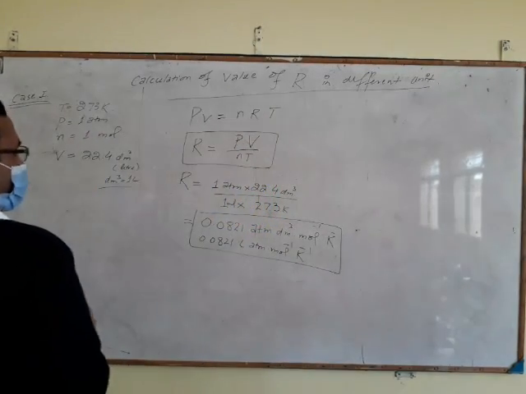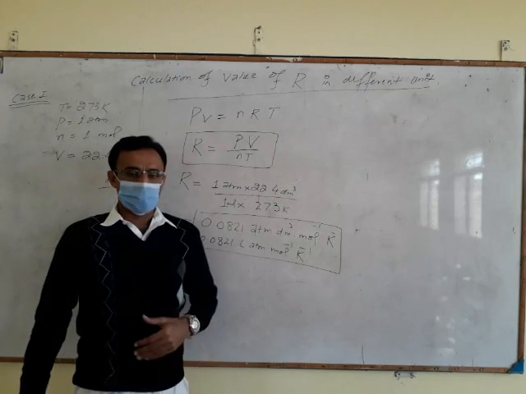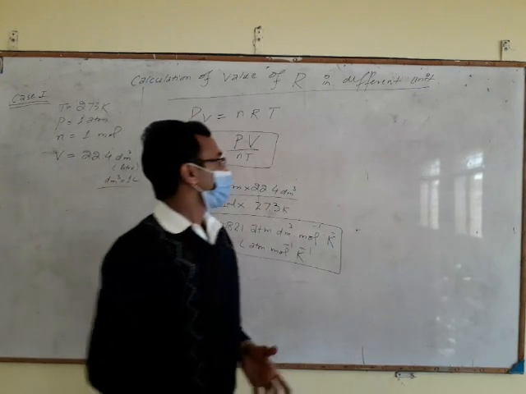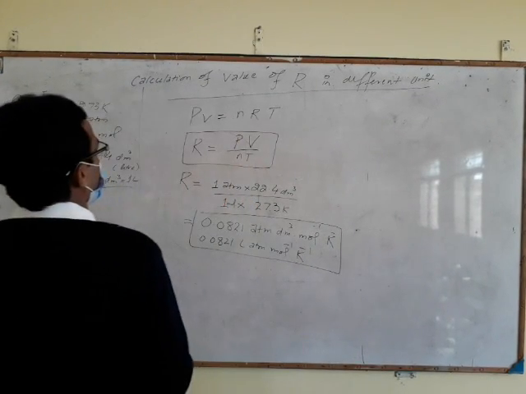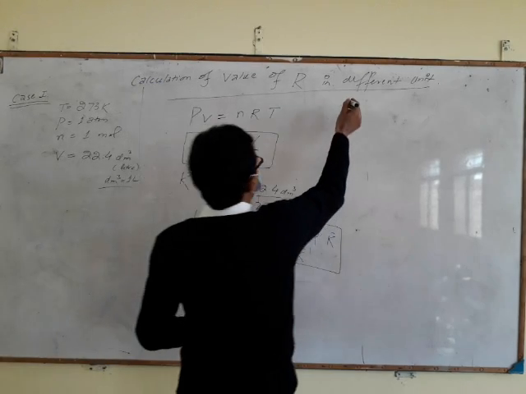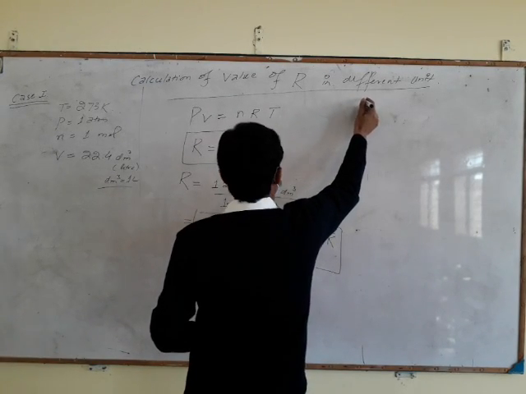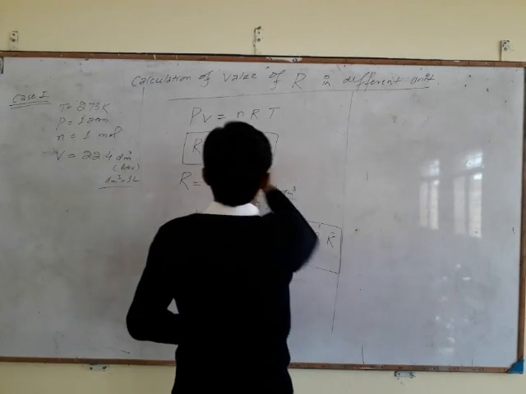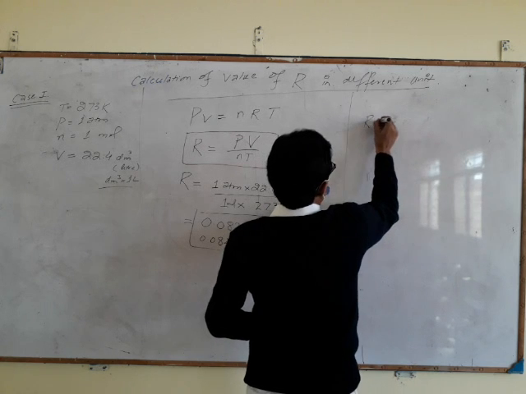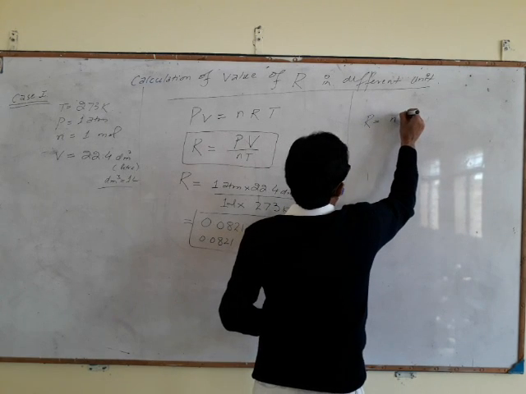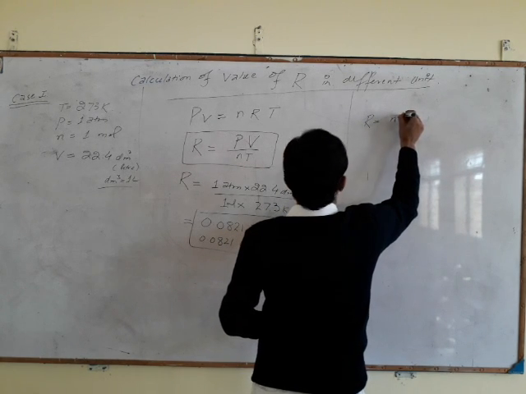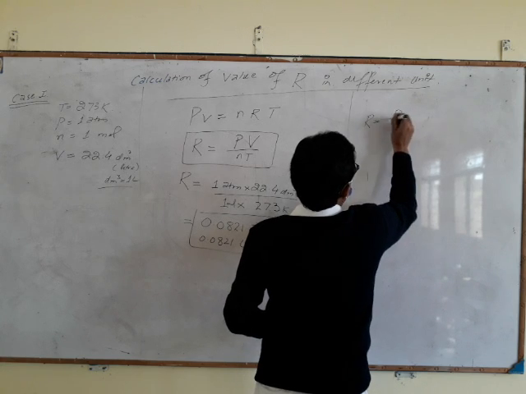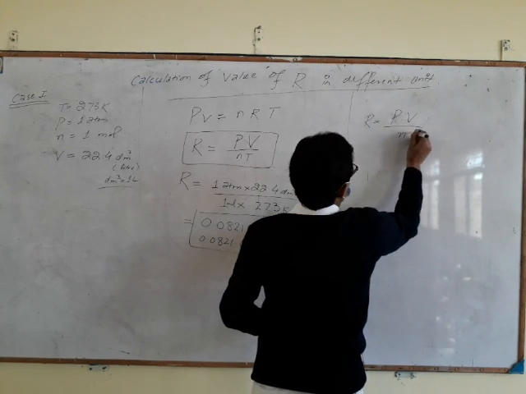Now we can calculate the value of R in some other units as well. R is equal to PV by n.